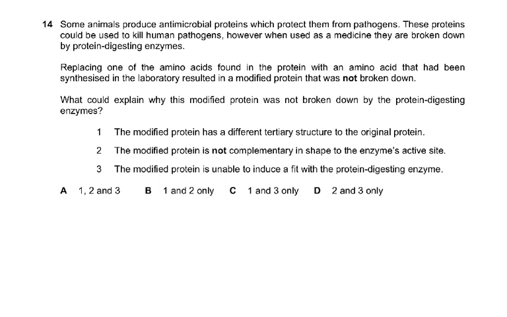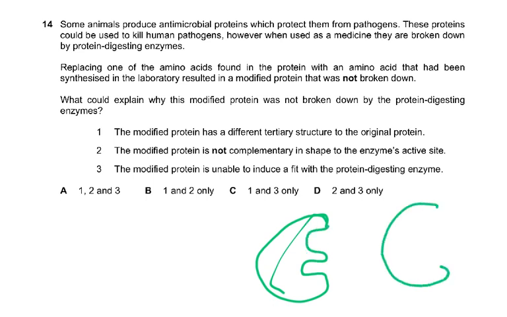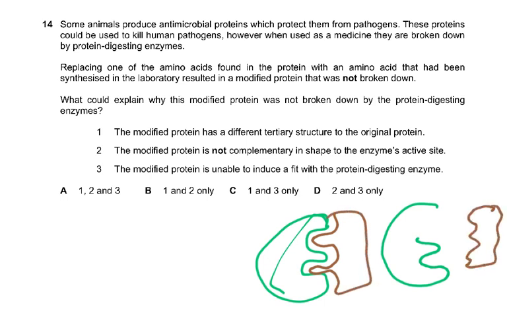So this is the protein digesting enzyme which works, right? The new protein doesn't fit this. The substrate was the protein which fitted this pepsin molecule. Now, if this protein is slightly modified, like this, then it won't be broken down by this protein digesting enzyme. So that is why the answer to 14 is A. All three were correct.